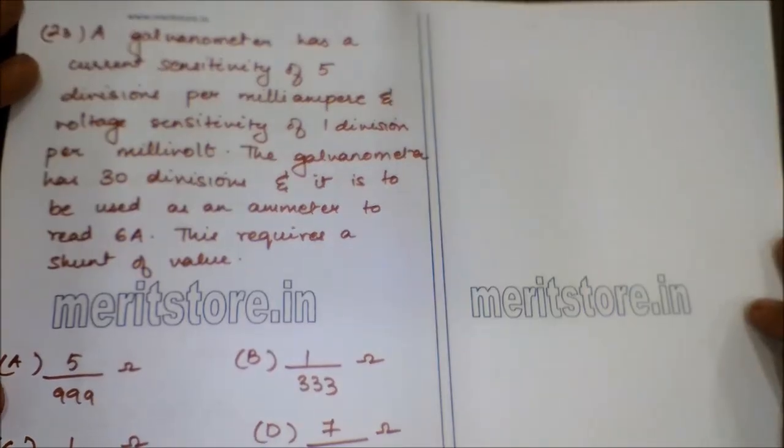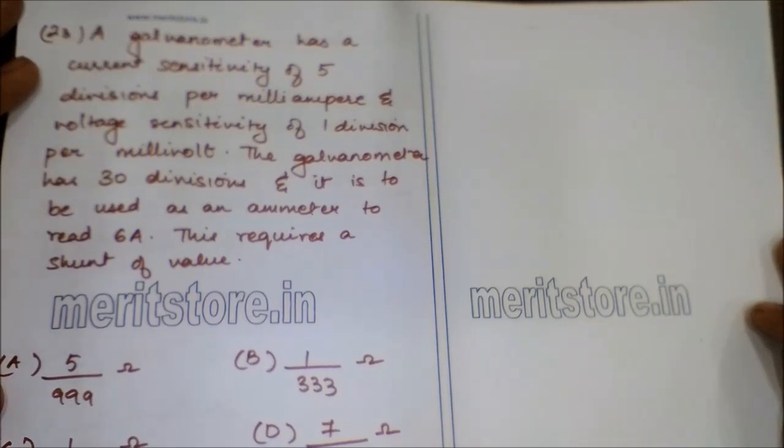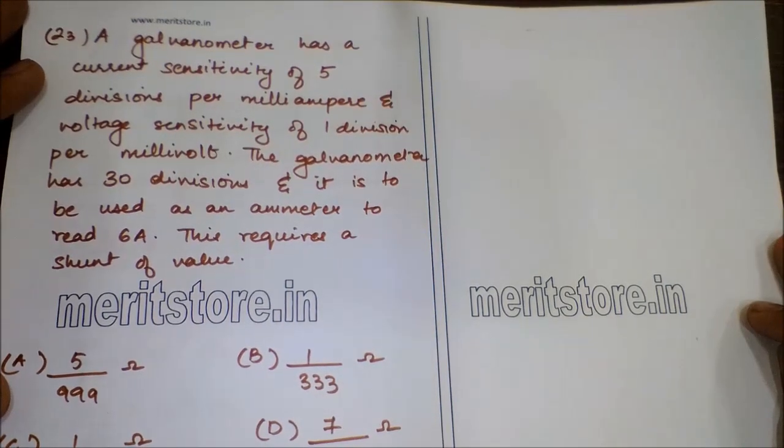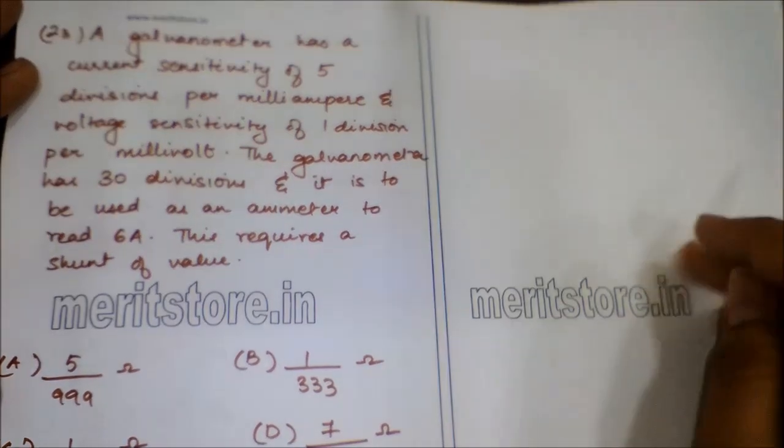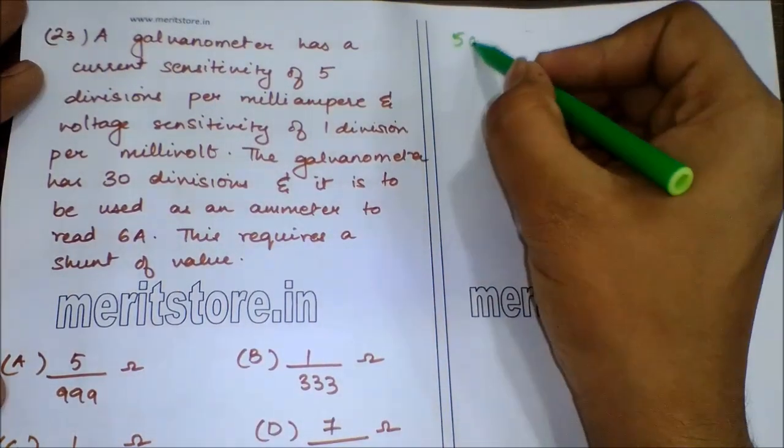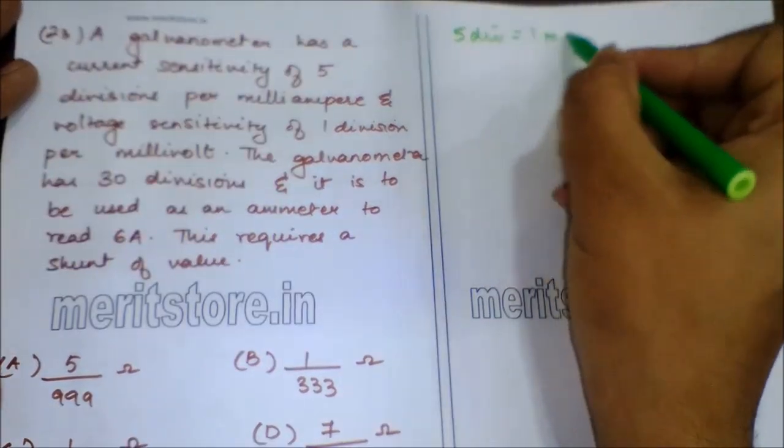Question number 23. A galvanometer has a current sensitivity of 5 divisions per milliampere and voltage sensitivity of 1 division per millivolt. The galvanometer has 30 divisions and it is to be used as ammeter to read 6 ampere. This requires a shunt of value. So now 5 divisions is equal to 1 milliampere.